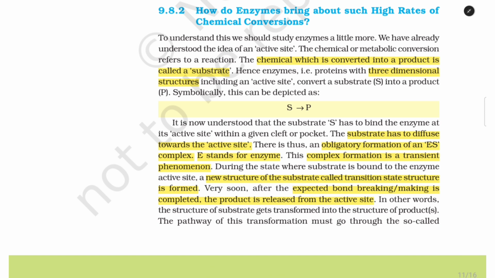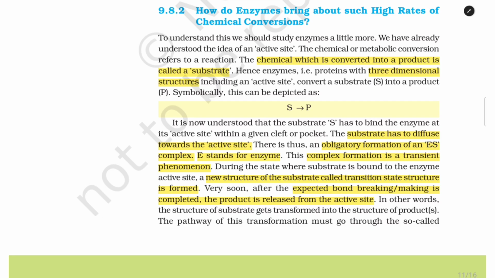It is now understood that the substrate S has to bind the enzyme at its active site within a given cleft or pocket. The substrate has to diffuse towards the active site. There is thus an obligatory formation of an ES, enzyme substrate complex. E stands for enzyme. This complex formation is a transient phenomenon.